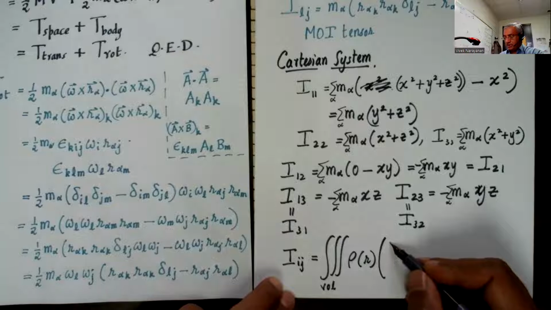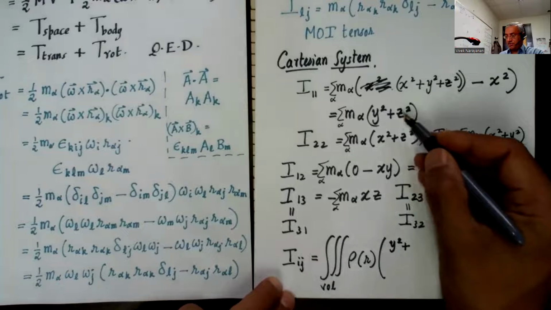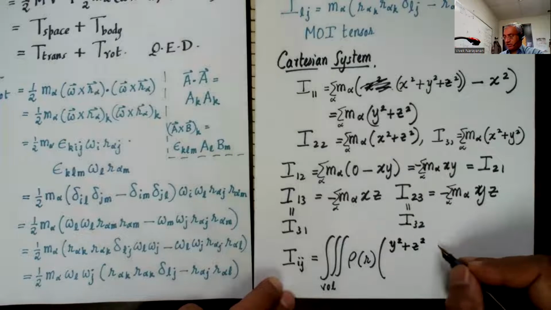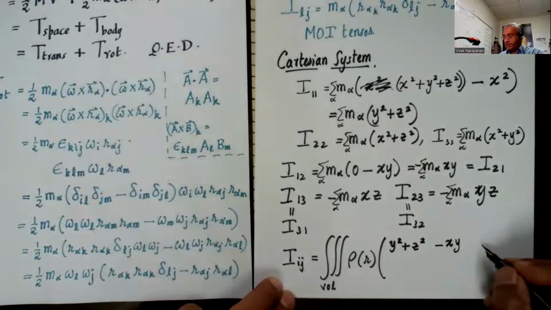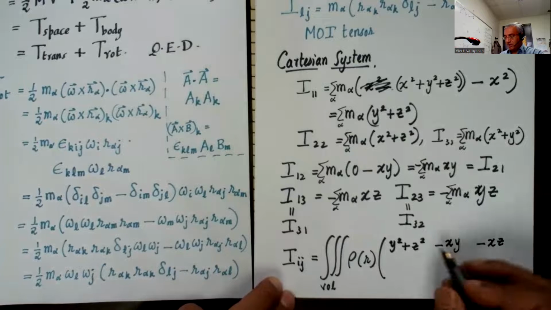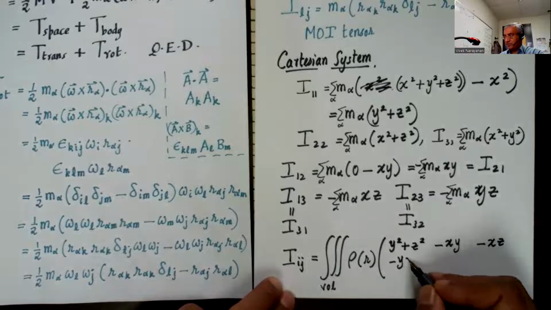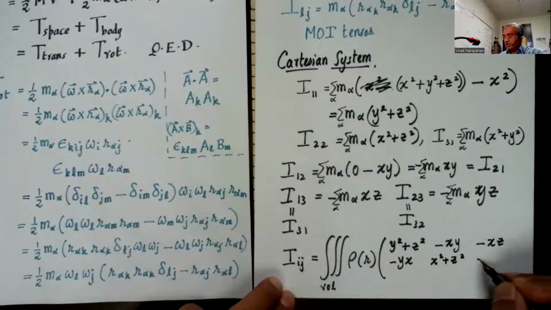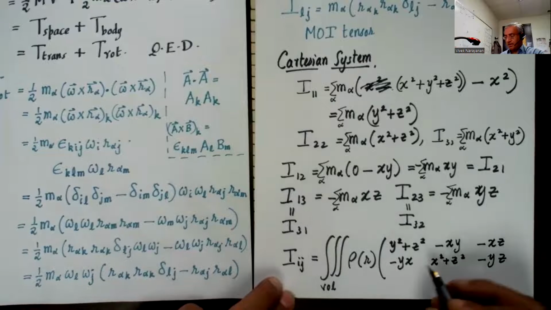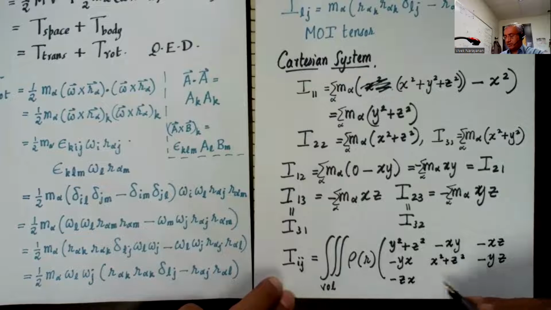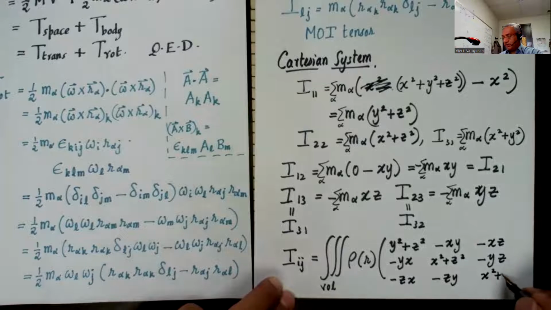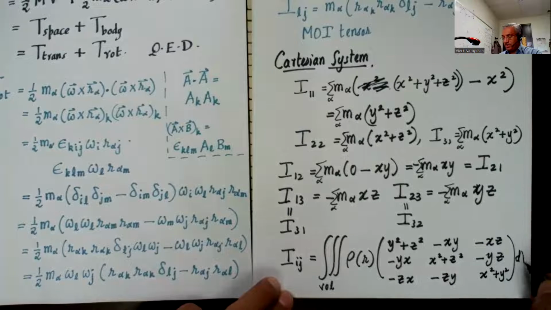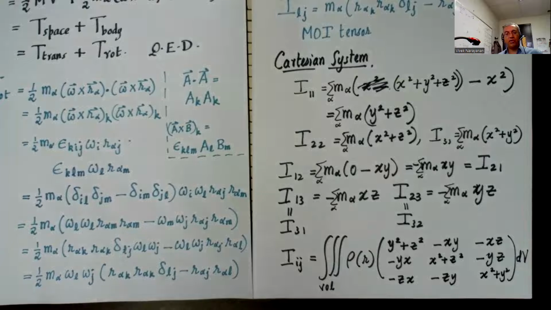And then I'll string together all these terms: y squared plus z squared, negative xy, negative xz, negative yx, x squared plus z squared, negative yz, negative zx, negative zy, x squared plus y squared, times the volume integral, so it's over dV, where V stands for volume.